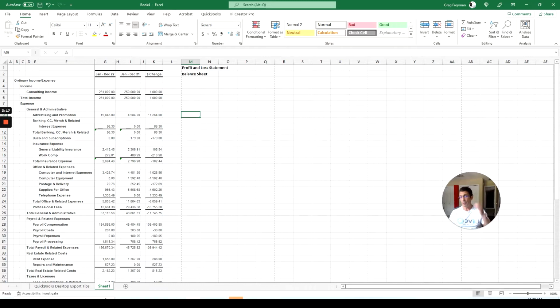Now, profit and loss statement is really rather straightforward. It's just basically whatever ins you had in terms of income versus your expenses. Okay, so in this particular case, we're looking at a variance analysis. And before we talk about variance analysis, let's just highlight, for example, the 2021 column.